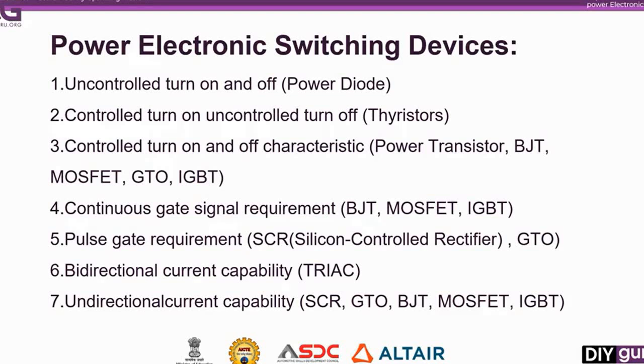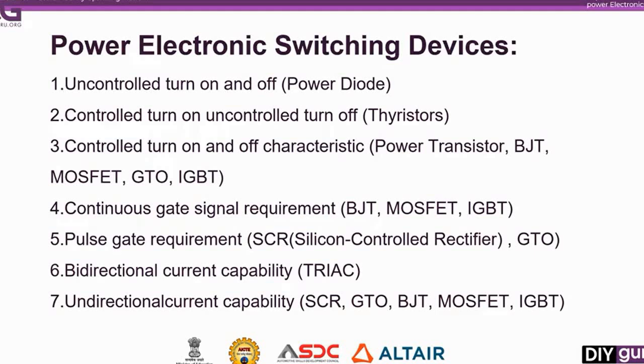There are multiple types of transistors available, such as power transistors, BJT or bipolar junction transistor. Then we have metal oxide semiconductor field effect transistors, abbreviated as MOSFET. And then we have IGBT or insulated gate bipolar transistors.